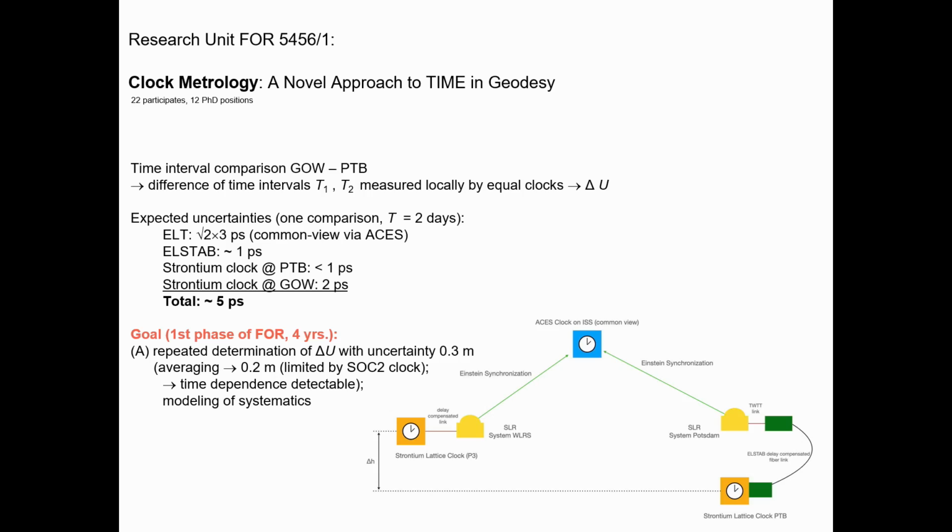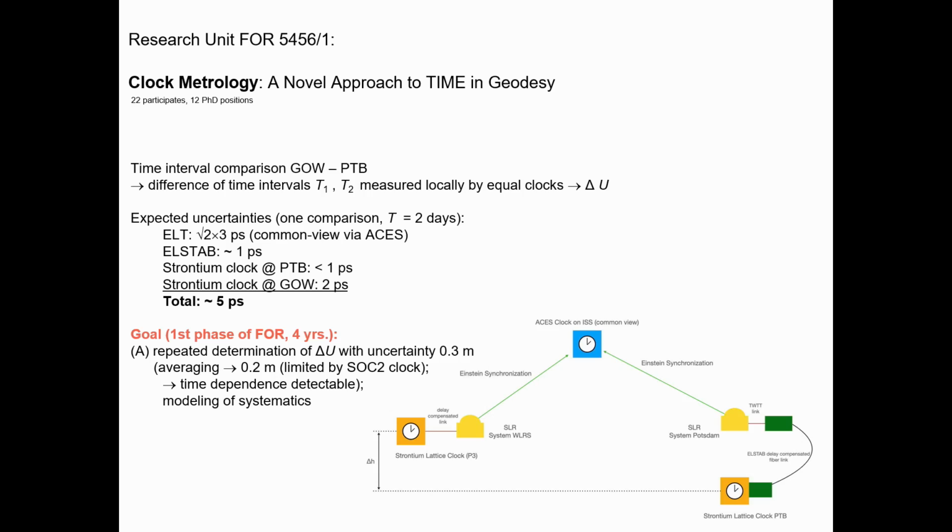And here I would like to highlight the actual heart of the entire project submission, which is to operate 2 optical clocks. One strontium optical clock will be operated at Wettzell Observatory. The second optical clock we would like to provide to Potsdam SLR Observatory, but because we don't have access to another optical clock in Wettzell, we will use strontium clocks from Stefan Schiller's group.